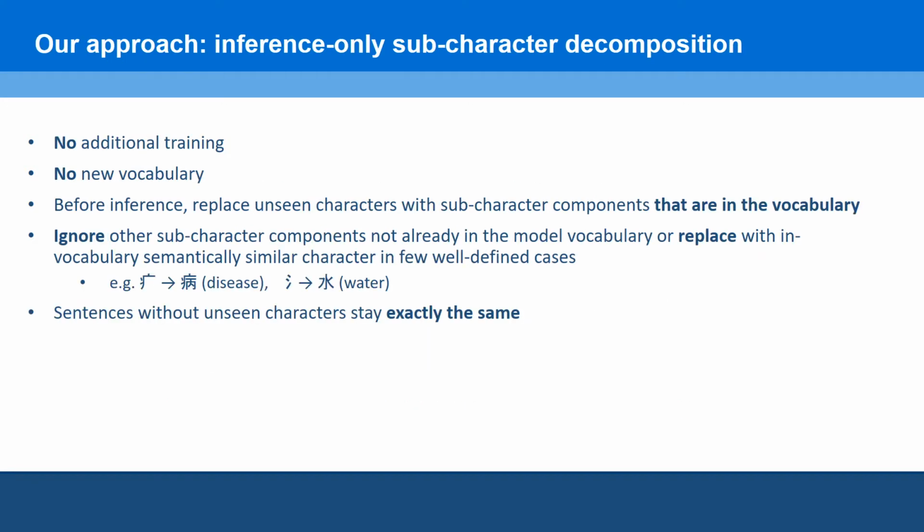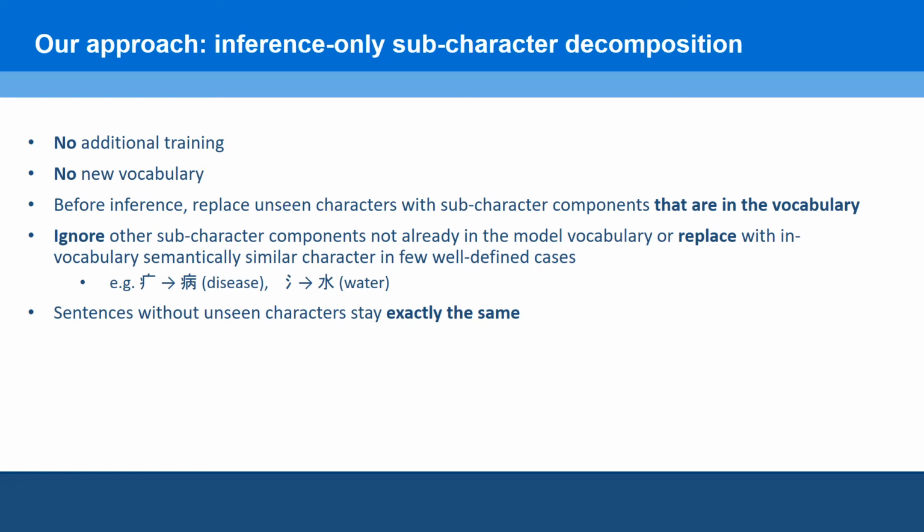Our approach to this problem is inference-only subcharacter decomposition. We do not retrain the model, and we do not apply the decomposition to all characters. All we do is replace unseen characters with their subcharacter components that are already in the model vocabulary.